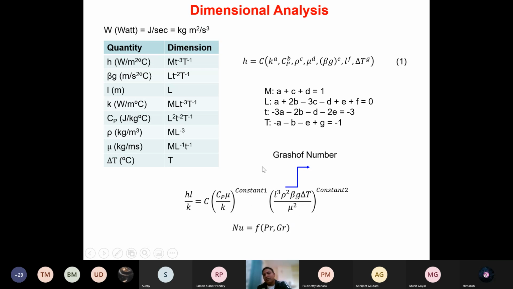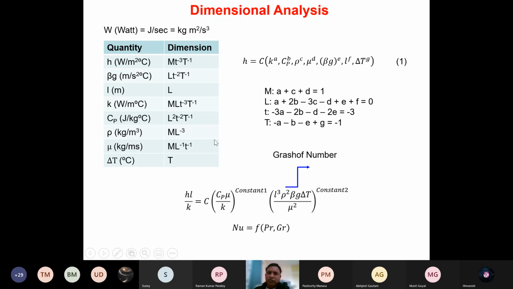Okay. So again, you can assume a power law type of relationship here, and then equate the coefficients. If you do that, you will be equating the coefficients for mass, length, time and temperature, and if you solve these, you will get this equation.